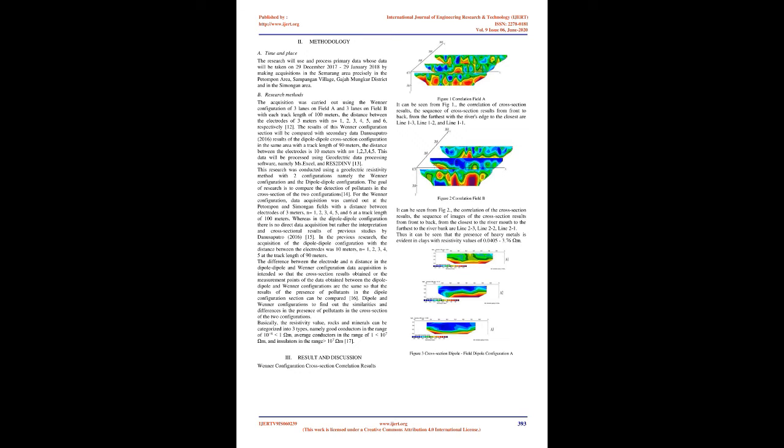Based on the description above, the research will be conducted again in the same area, which is around the West River Flood Canal, precisely in the Petompon and Simongan area, Semarang. This research was conducted with different configurations to find out the similarities and differences of the 2 configurations, dipole-dipole and Wenner, and make a comparison of the results of the resistivity cross-section to determine the distribution of pollutants below the surface of the soil due to seepage of pollutants from the Kaligarang River.